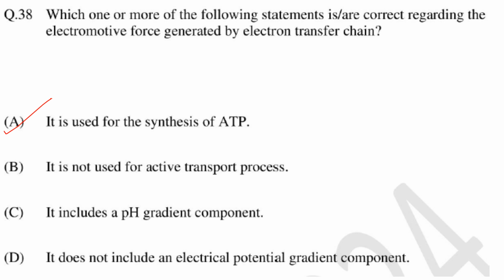So it is not used for active transport process. That is not correct. It includes a pH gradient component. Yes, that is correct. It does not include an electrical potential gradient component. It includes an electrical potential gradient component. So B and A and C are the correct options.